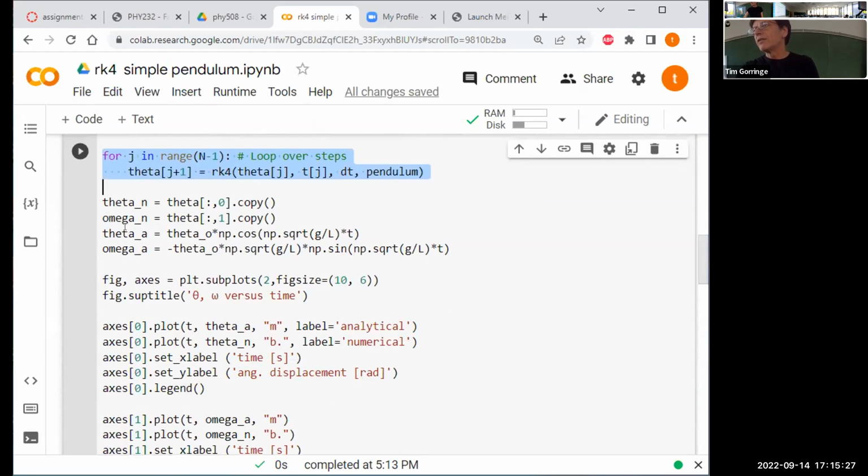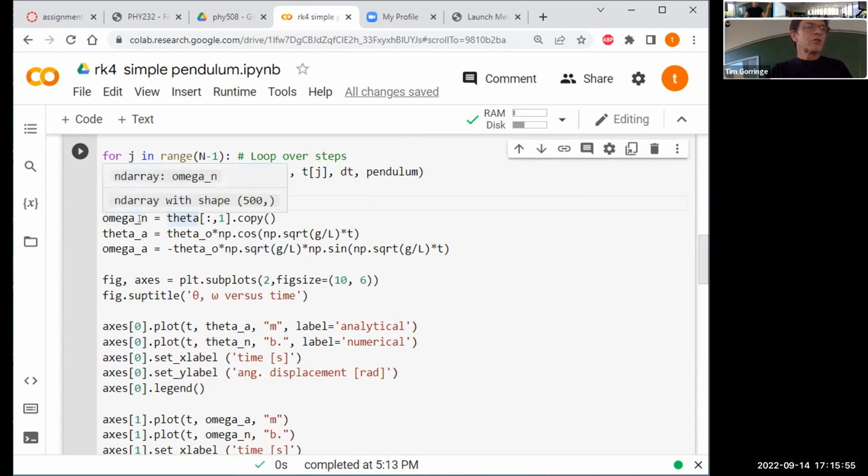All the rest of this cell is just plotting the results. So these two lines here, this theta n and omega n, these are going to be my numerical solutions for the angular displacement and the angular velocity. And I'm just slicing them out of that two-dimensional array, that n by 2 array.